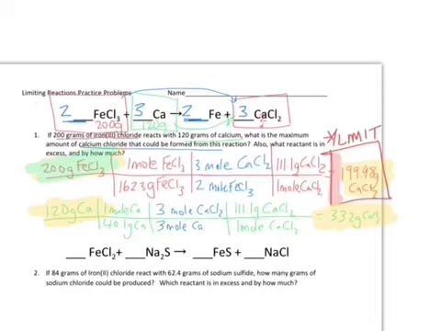Once this 200 gets used up, the reaction stops. So make sure we always answer the question: the maximum amount of calcium chloride that can be formed is going to be 199.98 grams.